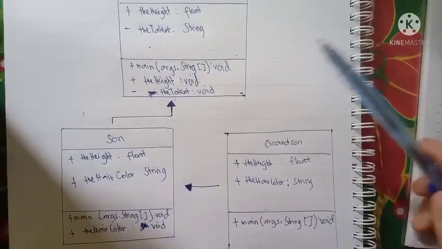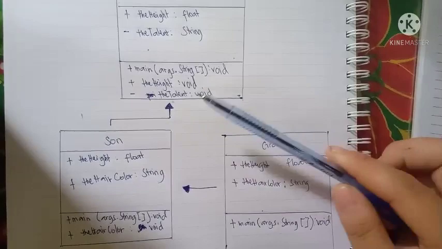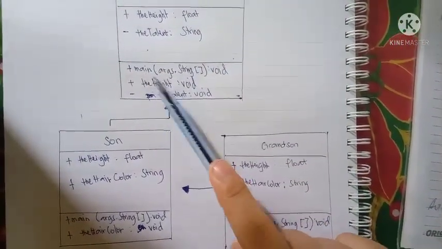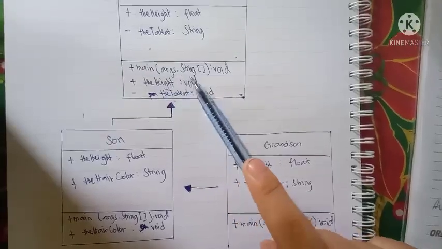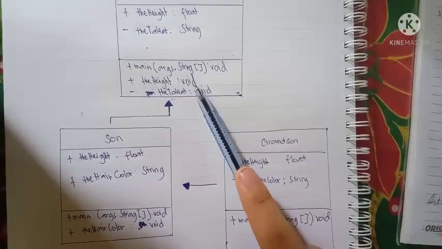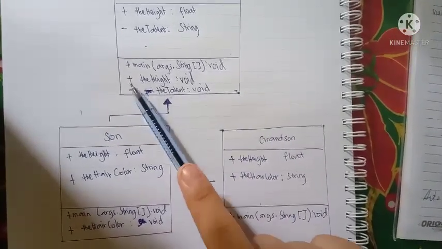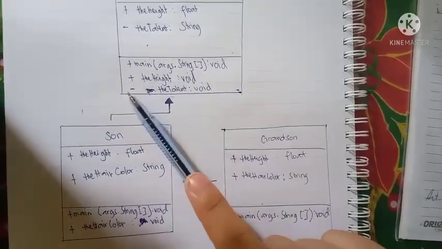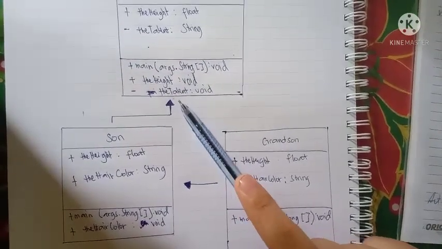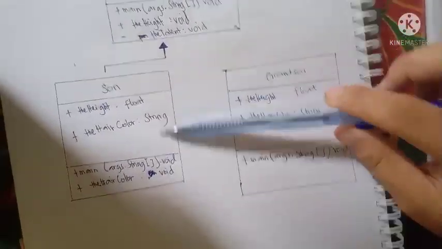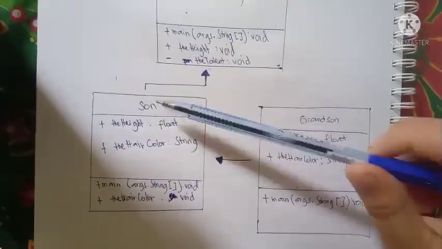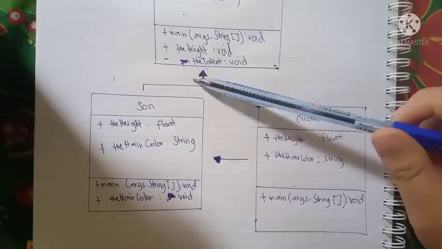It can't be accessed by any other class or subclass. The main method will be here, the main with args string and void return, and the height void in private name and void.